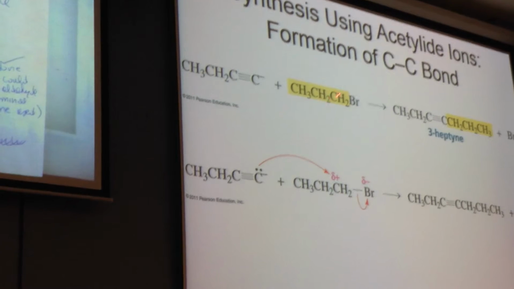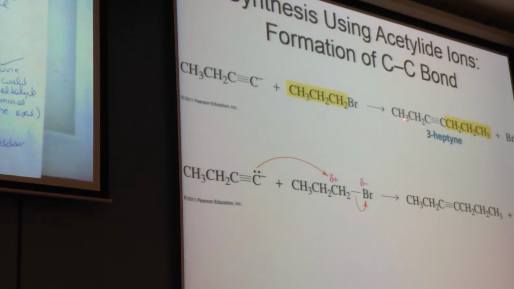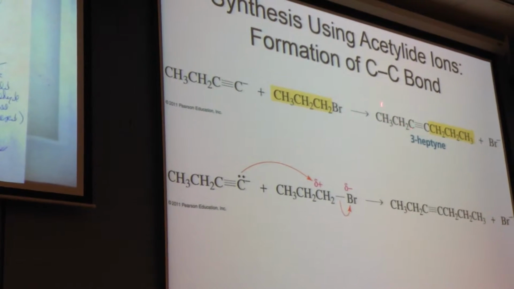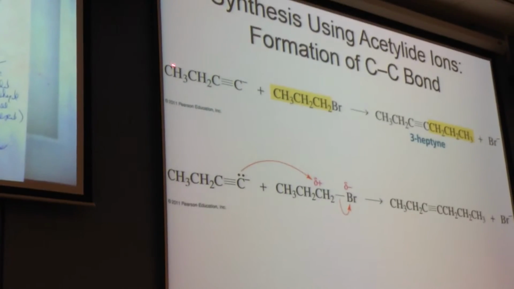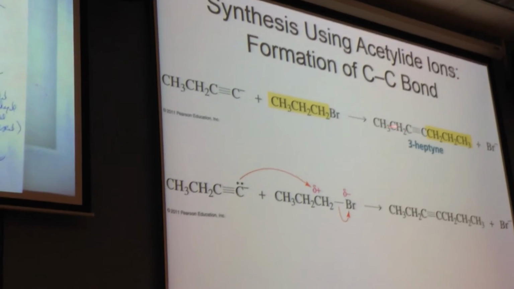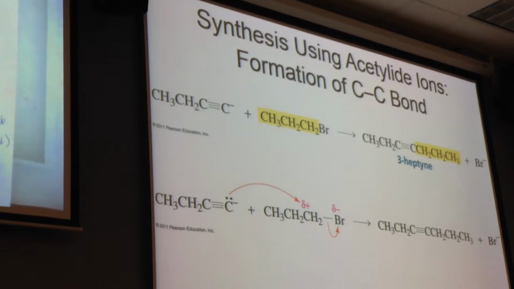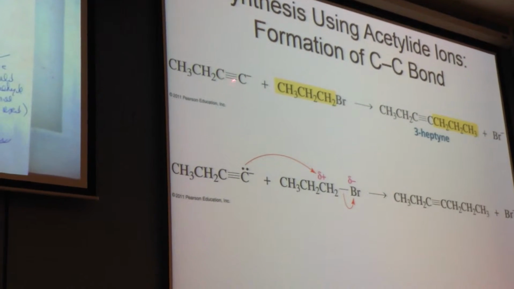So you don't know much about this. But basically, it's a useful way of making longer organic compounds. You see how we start with 3 carbon, we use this on 4 carbon, and we can make something that's much longer. So it's a nice way of making longer carbon chains by starting here.